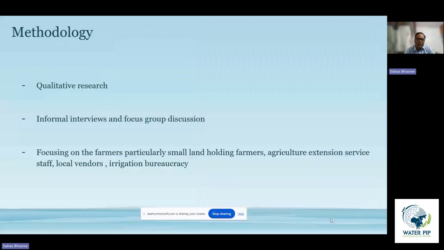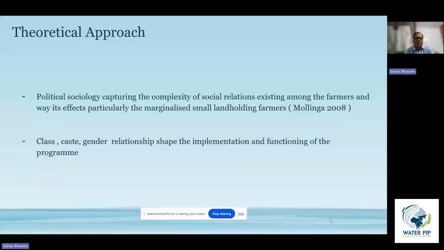So largely the methodology that I have been using for this particular study is a qualitative approach, which involves highlighting the significance of different stakeholders involved in the implementation of the program, and the theoretical approach that I largely focus on is political sociology, because it helps you to unravel the political relationship, the social relationship, and the power relationship embedded in these social relationships in terms of understanding how the program has been implemented and how the benefits are being distributed, particularly from the perspective of the small landholding farmers as well.